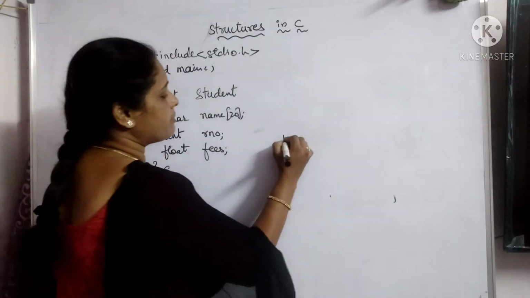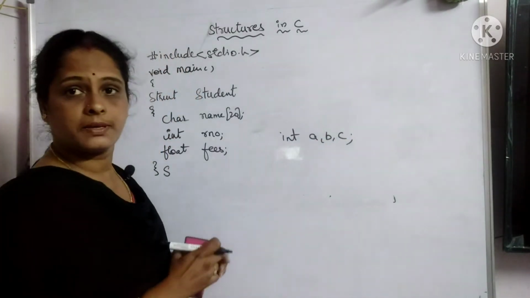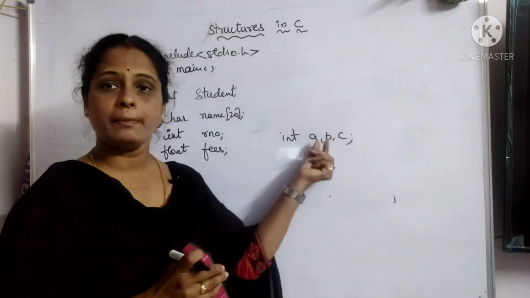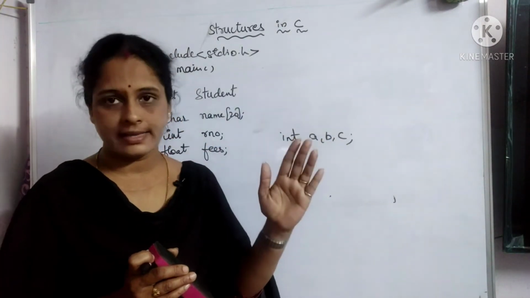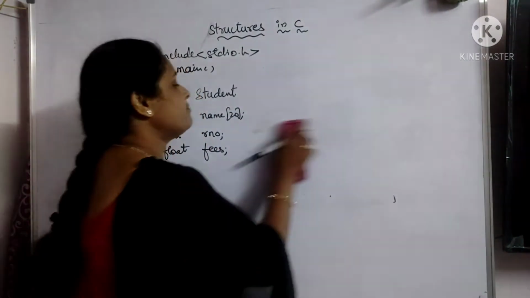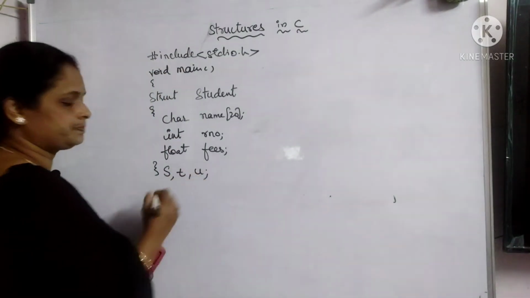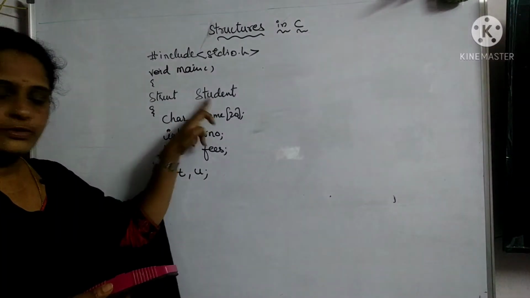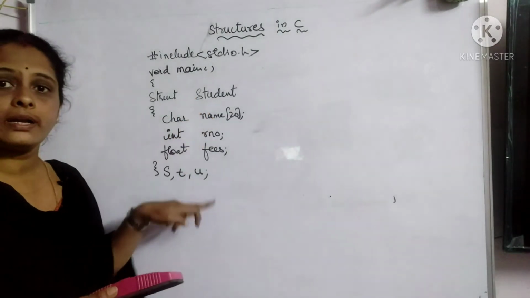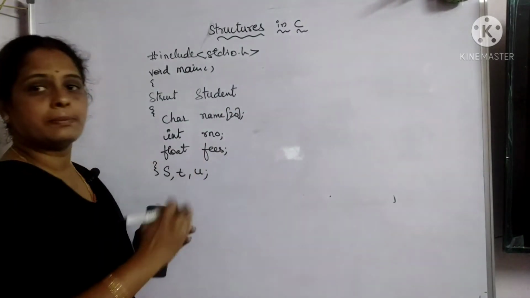When we declare some integer type of data, we declare something like this, isn't it? That is int a comma b comma c. That means a, b, c are 3 variables of integer type, isn't it? In the same way, here I can give s, t, u. That means s is a variable of student, t is a variable of student, u also is a variable of student, which can access all the 3 members.